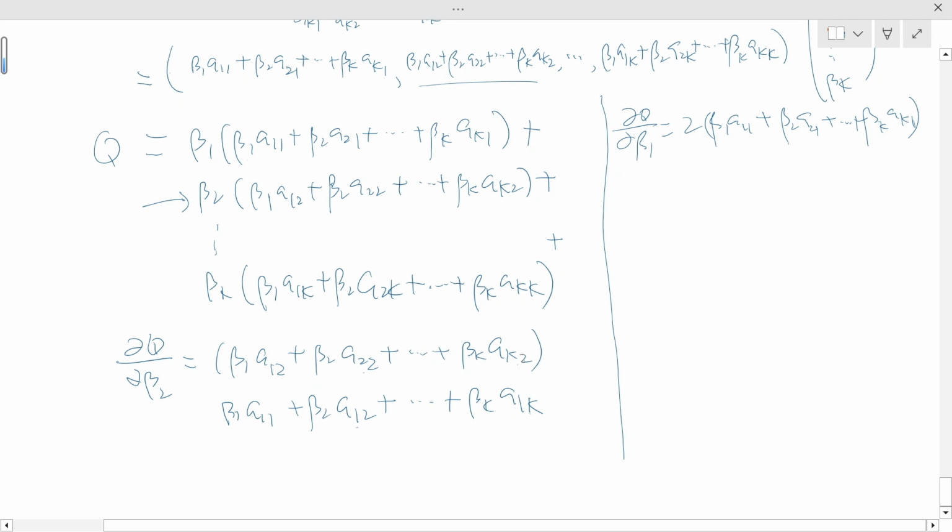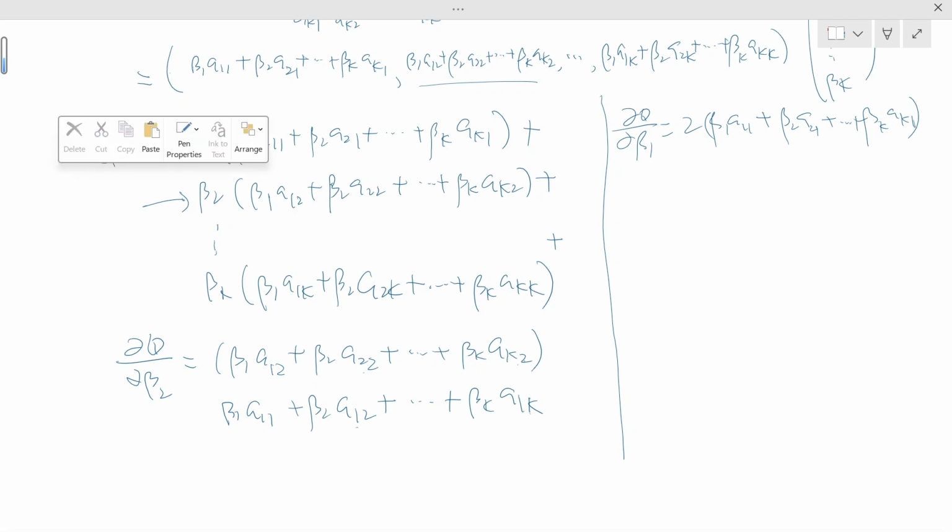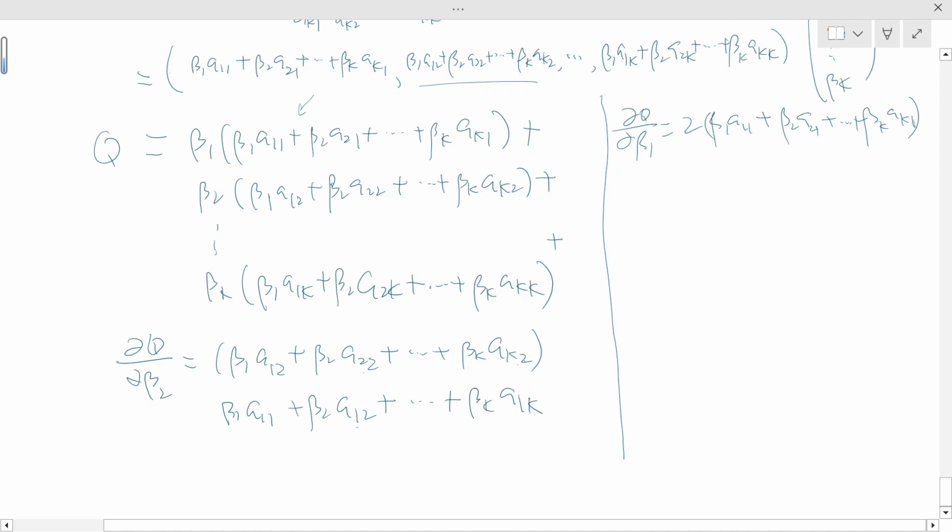Now look at the first terms. There's a beta 2 here. Differentiate this one with respect to beta 2, we get A21. We have a beta 1 outside the bracket, so we get beta 1 A21.